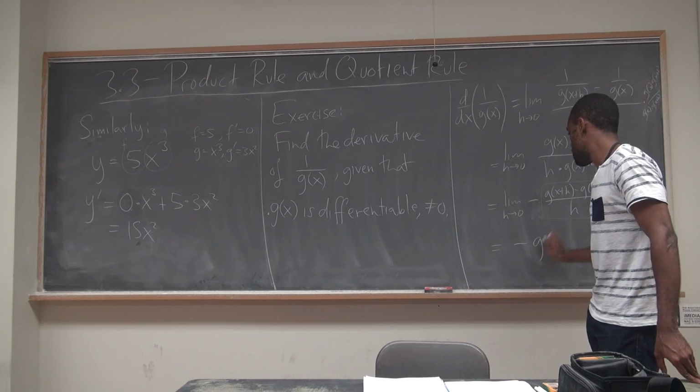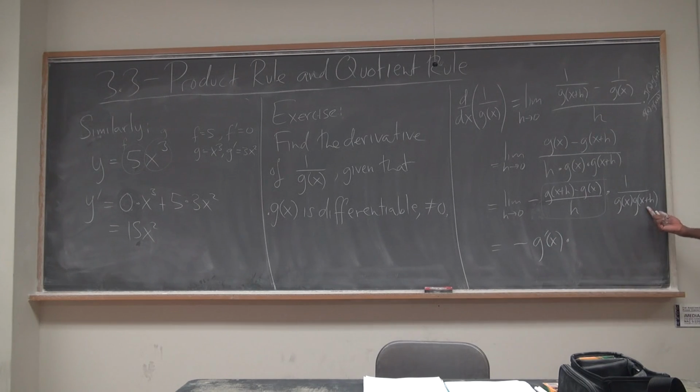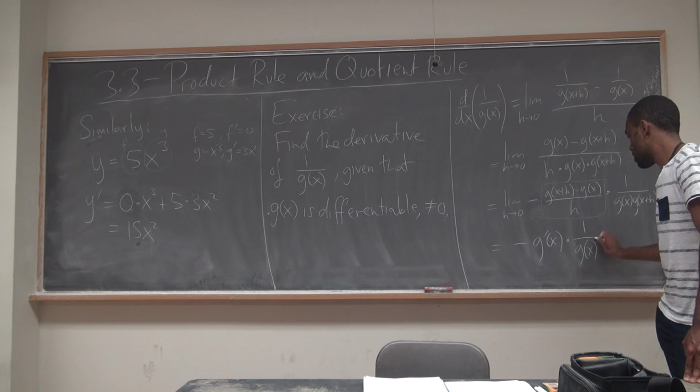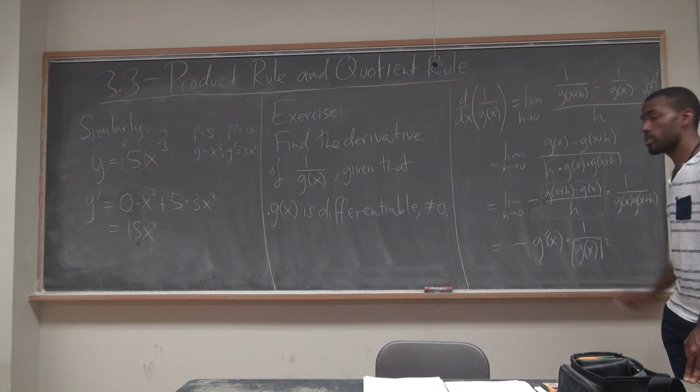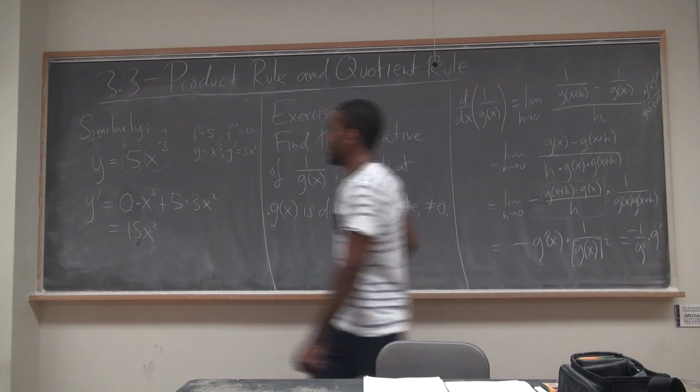So this is minus g prime of x times, what would this guy become as h goes to 0? Well, this would just become g of x times another g of x. I get g of x squared. So this is 1 over g of x squared. So in other words, the derivative of 1 over g is minus 1 over g squared times g prime. Keep that in mind.